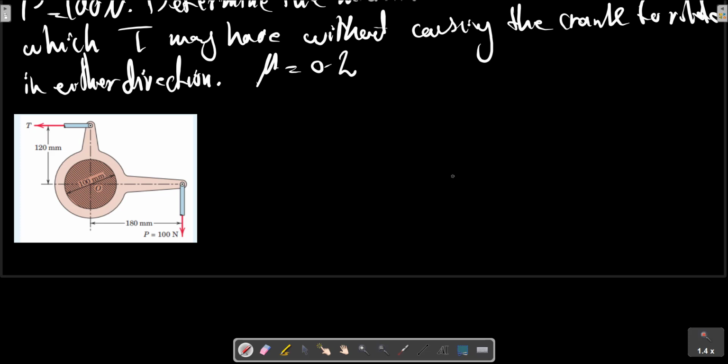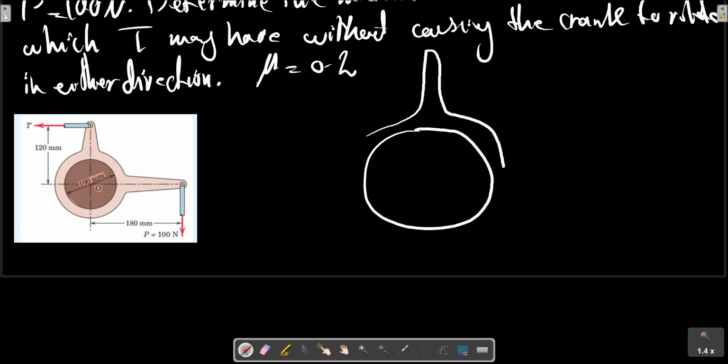Let me show it in a bigger size, and, for example, force T here and the other force here, with the concurrent point of the two forces.